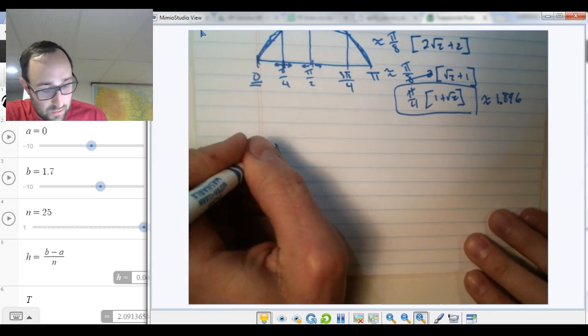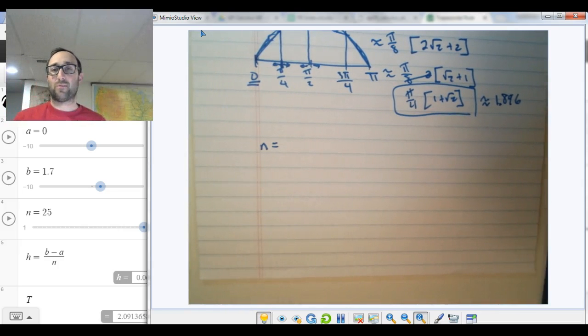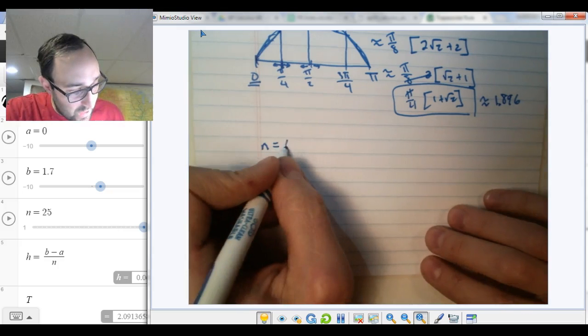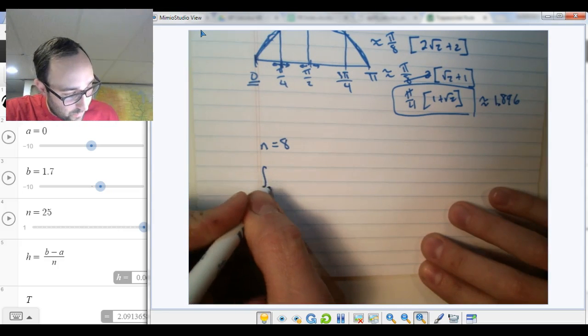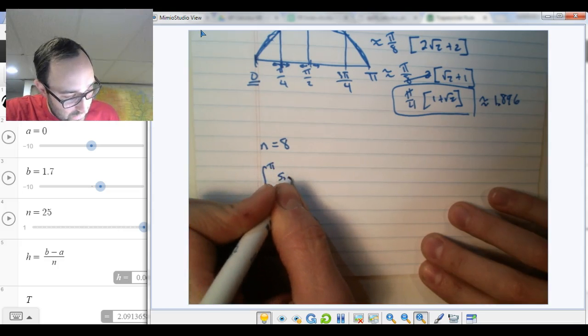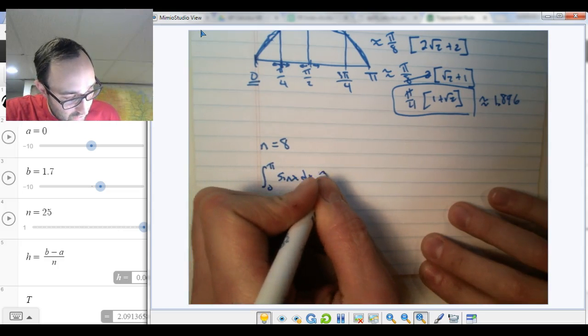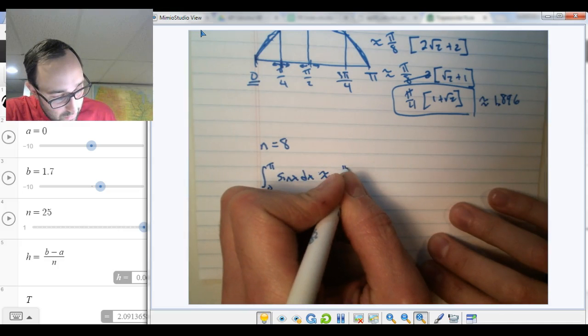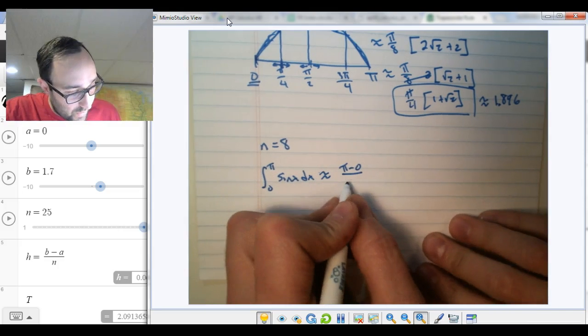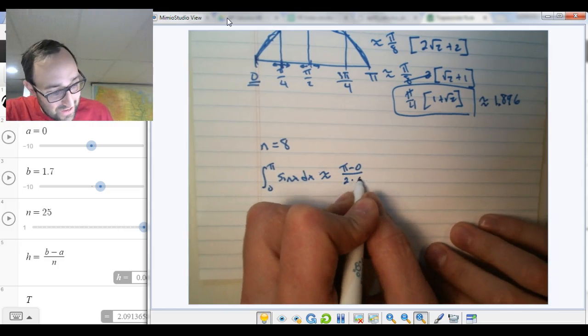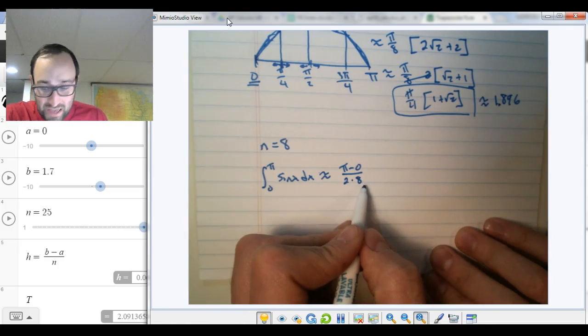Holy cow, this is starting to take a little while. We're just going to set this up and maybe you can finish it. Okay, so we're going to do the same thing with n equals 8. We can say that the integral from 0 to pi of sine x dx is going to be about pi minus 0 over 2 times 8 this time, right? Because we have n equals 8.